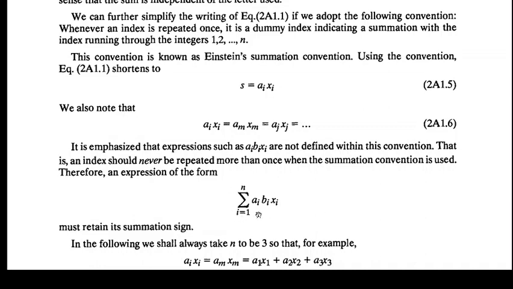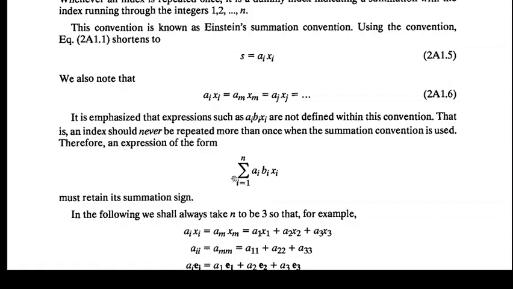If you have this type of expression, then you cannot write it equal to ai, bi, xi. If you have s equal to summation ai, xi, then you can simply write ai, xi, dropping the summation sign. But if you have this type of thing, you can see that i is appearing three times in ai, bi, xi.